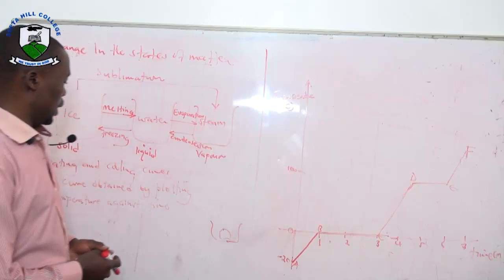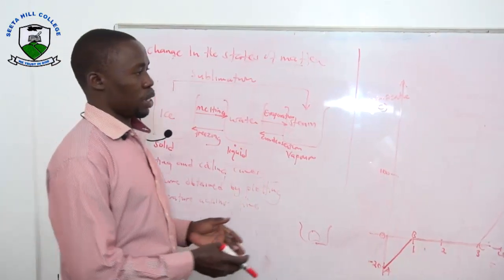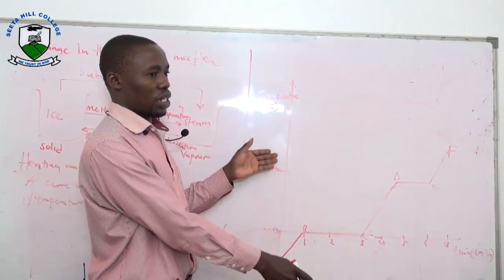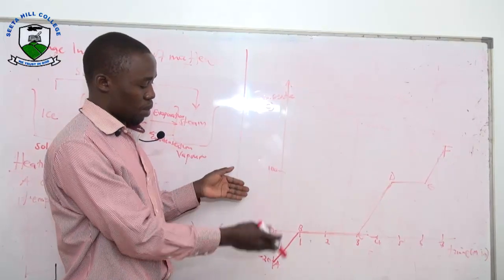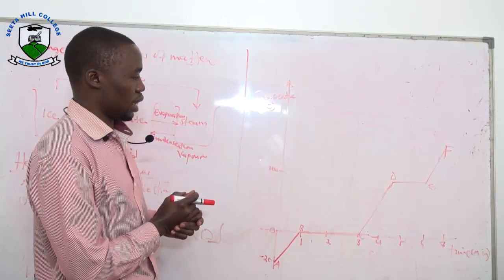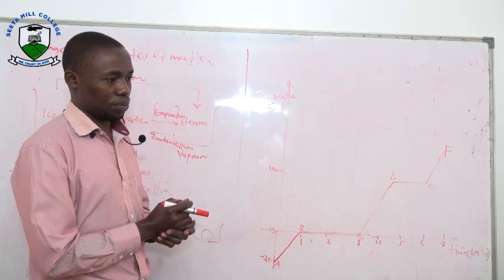Now that's a heating curve. A cooling curve would be just the reverse of this, and the changes would be from steam going back to ice until you reach the negative direction.